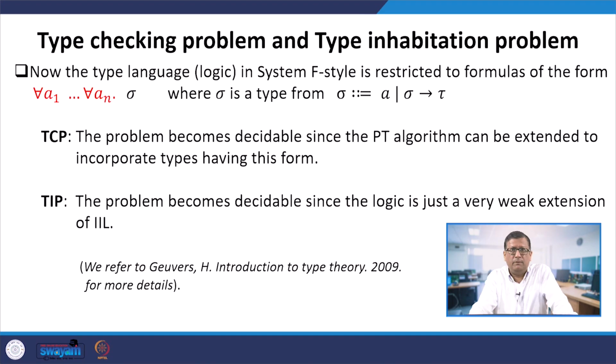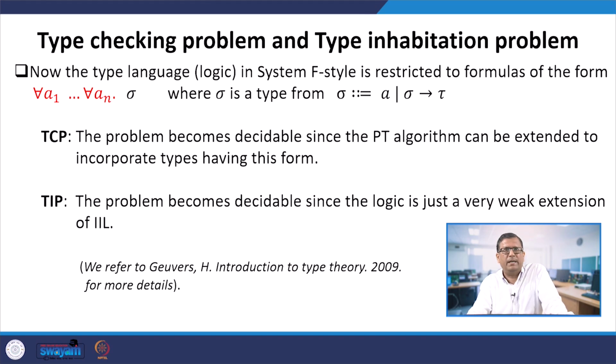Now that we have seen that when we move to System F style, the language is very expressive and the problems become undecidable, we may think of the following. If you recall, in that language quantifiers might appear at arbitrary places, or they may appear as a prefix, where all the quantifiers appear before a type. If we restrict ourselves to only these types, where the quantifiers are prefixed before the type, and sigma is our TL lambda language, then we get decidability.